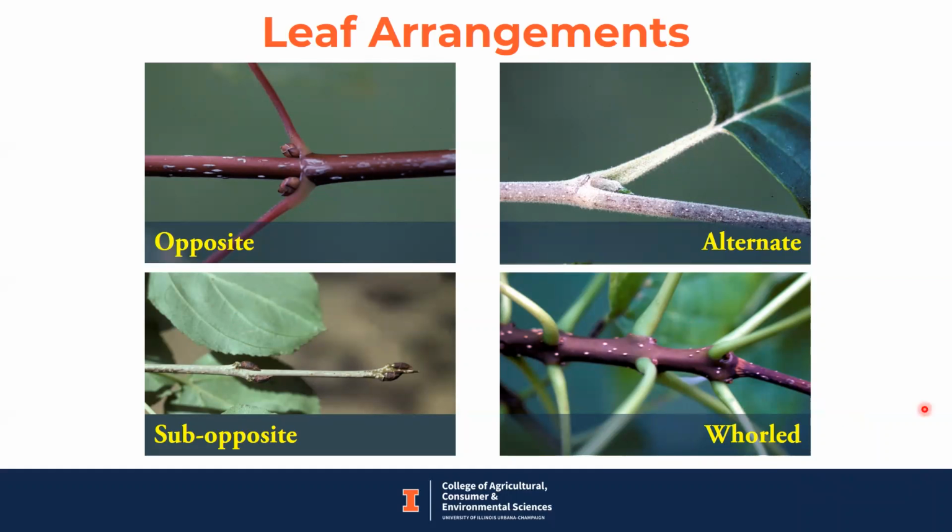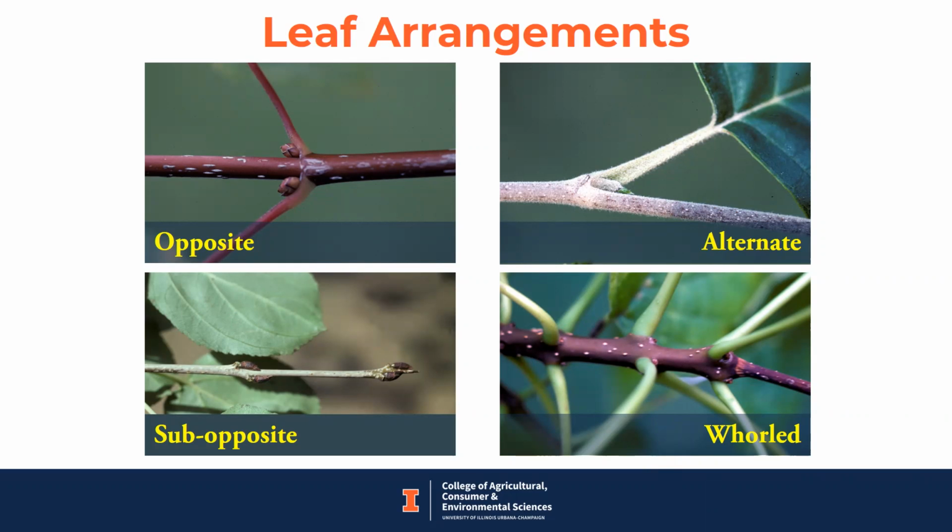And probably the rarest of all would be our whorled arrangement, where you have multiple leaves coming off from that very close spot, that very close node. Catalpa is our best example, and one of the only trees that we'd encounter with that whorled arrangement. The majority of the woody plants that we're going to encounter have that alternate arrangement.